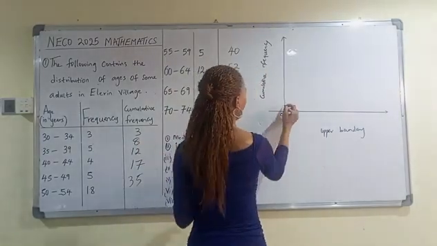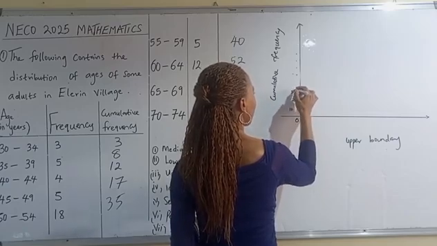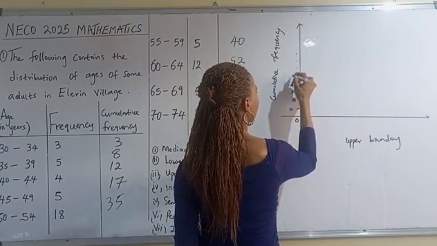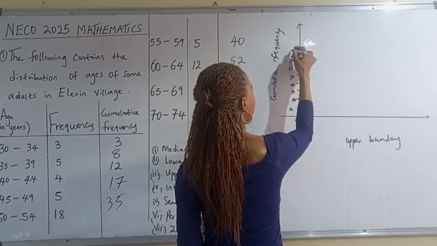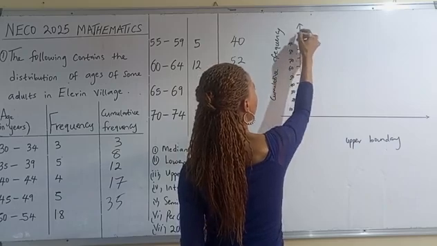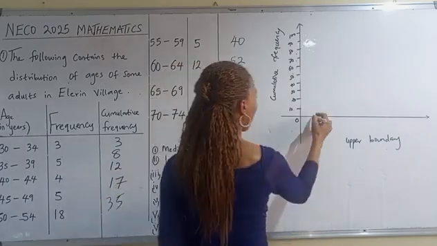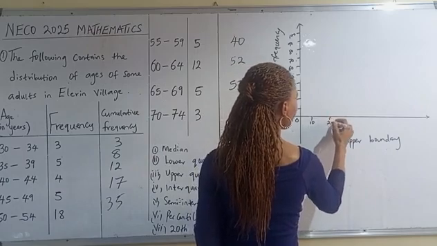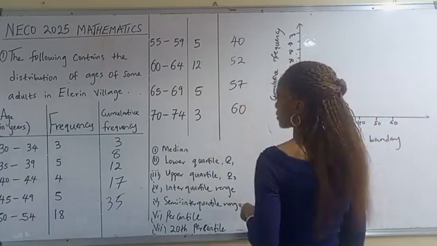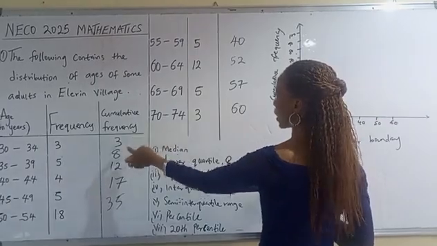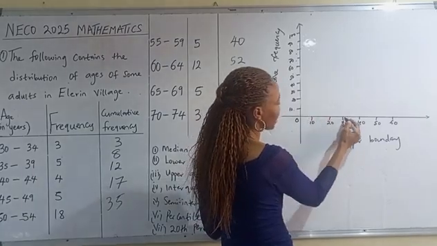So we can have, let's use 10, 20, 30, 40, 50, 60, 100. Then the upper boundaries, 60. So when it's 3 at 34, let's put 3 here at 34.